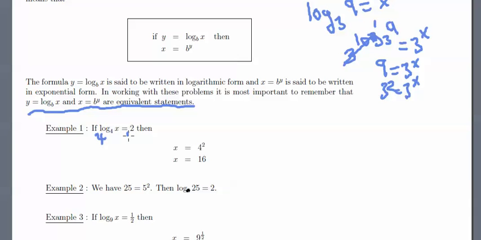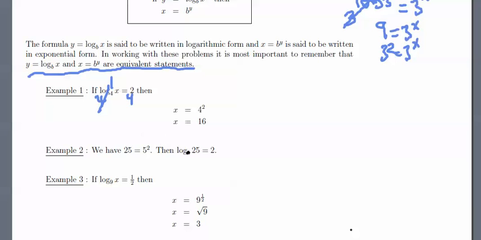So that's 4 to the power of 2 and 4 to the power of log base 4 of x. Since they're the same bases and opposite operations, they become 1. So x times 1 is just x, and the right-hand side is 4 squared, which is just 16. So that was a simple example.